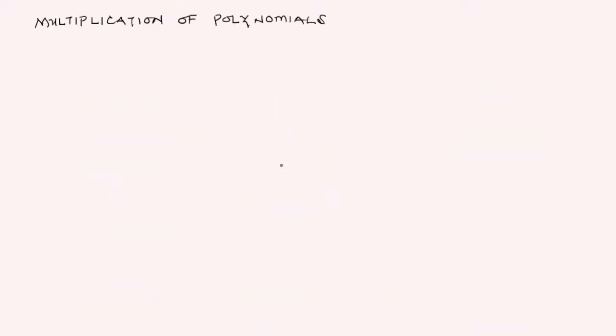So now that we've been able to do arithmetic operations on monomials, let's move on to binomials and other forms of polynomials. Now, if we have an expression a multiplied by x plus y, in this case, we have a monomial multiplying a binomial.